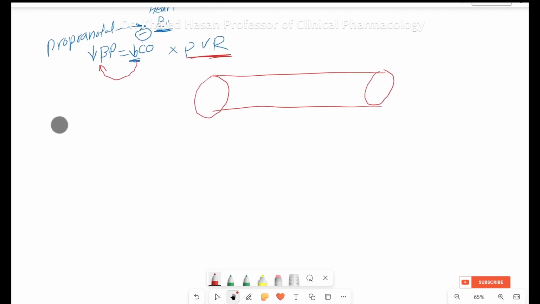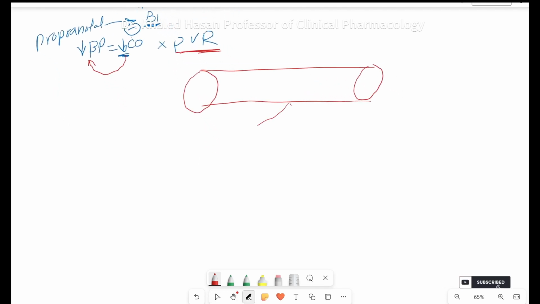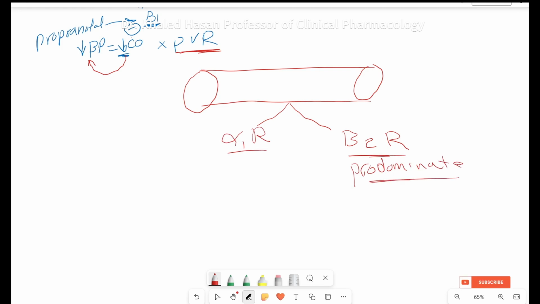In the blood vessels, we have two types of receptor: the beta 2 adrenergic receptor and the alpha 1 adrenergic receptor. Beta 2 predominates in the blood vessels, especially skeletal muscle blood vessels.